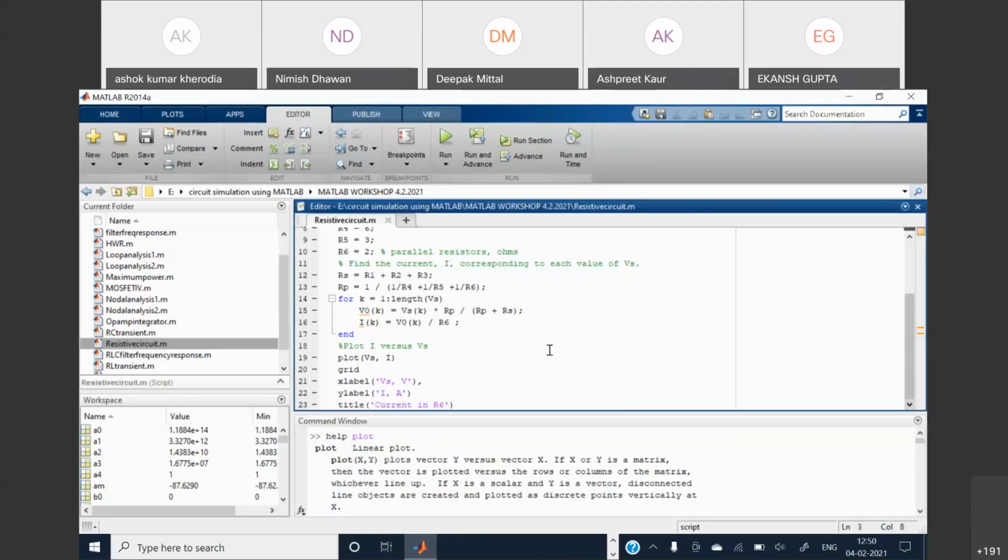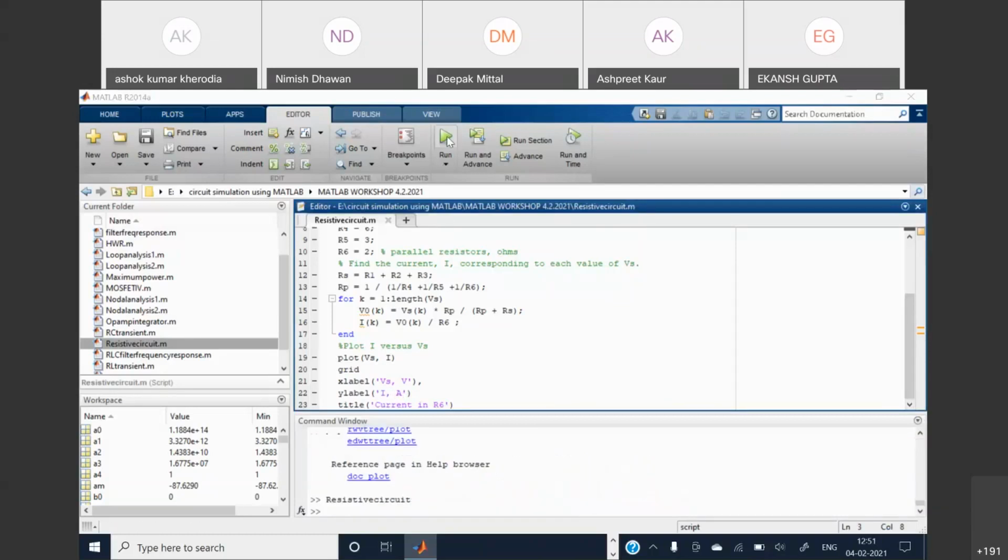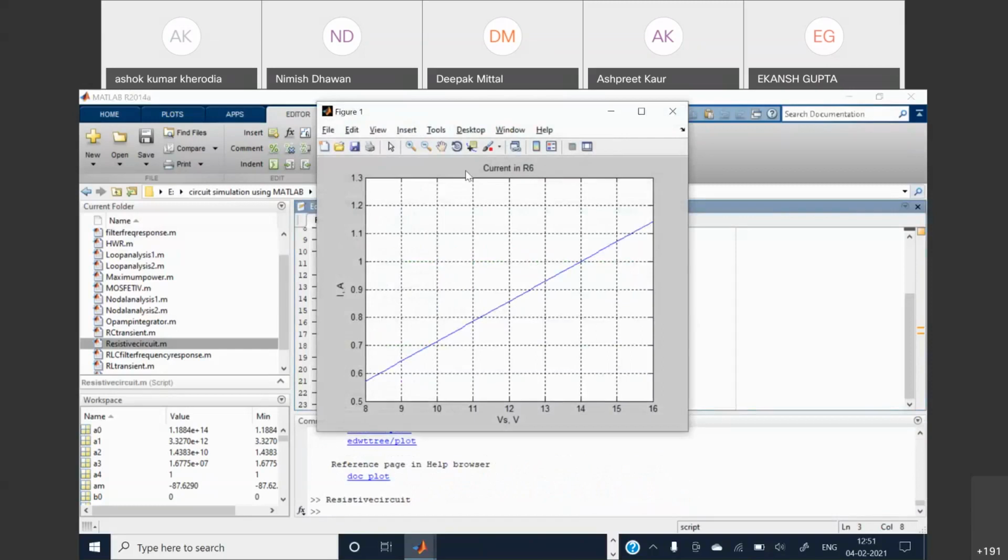Okay, that's what we are done. Now I will run it. See here, this is your title, this is your current, this is your voltage. The input voltage is varying from 8 to 16, and correspondingly the current is varying linearly. So this way you can find out current in the specific resistance R6.